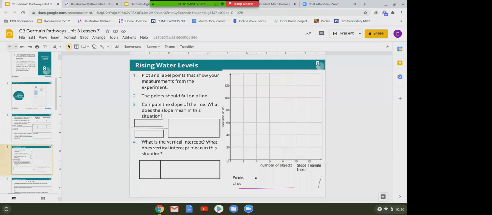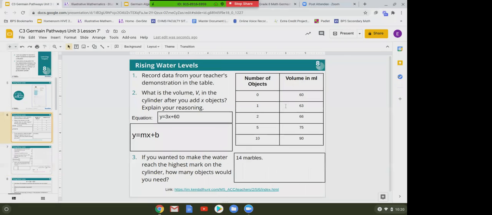Nice job, Lily. Nice job, Carter. Wonderful. So we have this point plotted at 0, 60. Ooh, these are kind of tricky. If we look at this table, what might be an easy point to plot when our number of objects is what number?